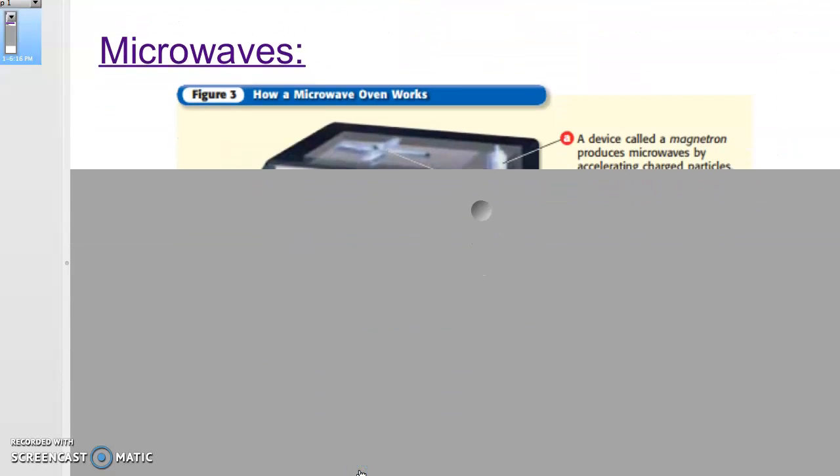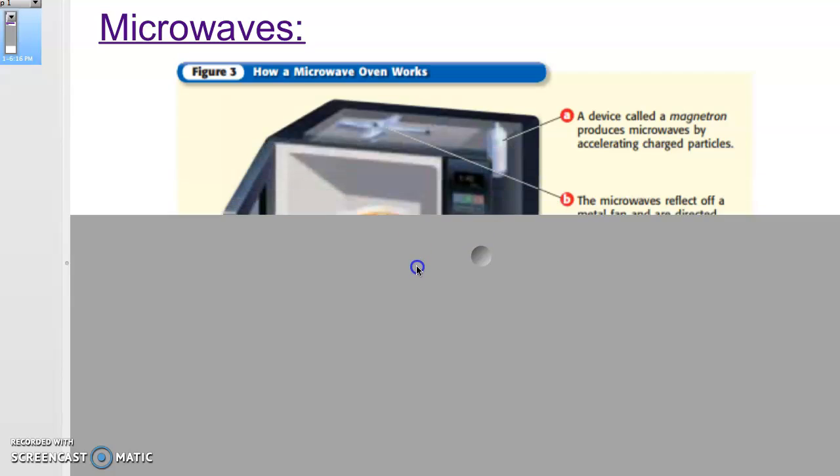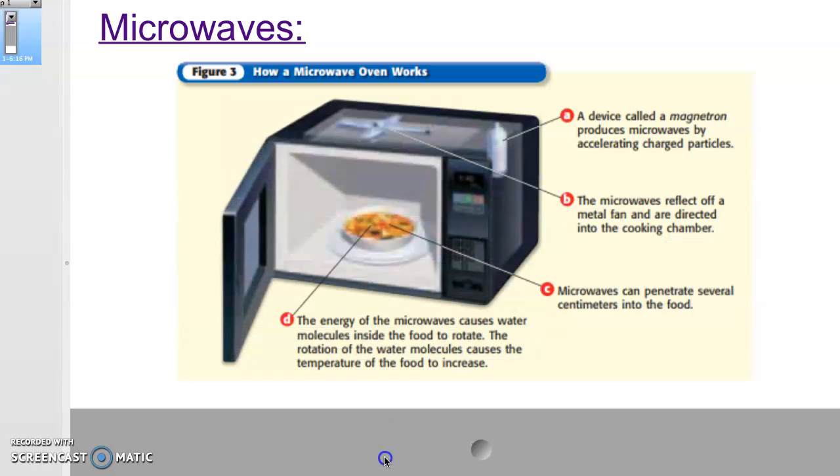So they are kind of next as far as we move across the spectrum. How do they cook your food? Well, there's a magnetron, which is the device up here, talk about letter A, and that produces the microwaves. It accelerates charged particles inside. And then those microwaves reflect off this fan and they go into the cooking chamber, right?